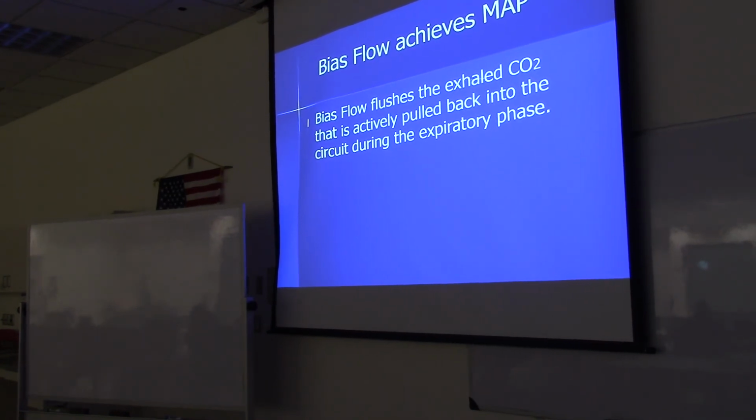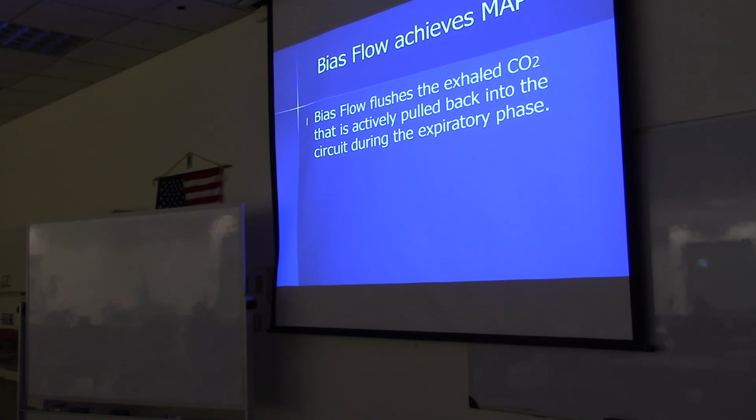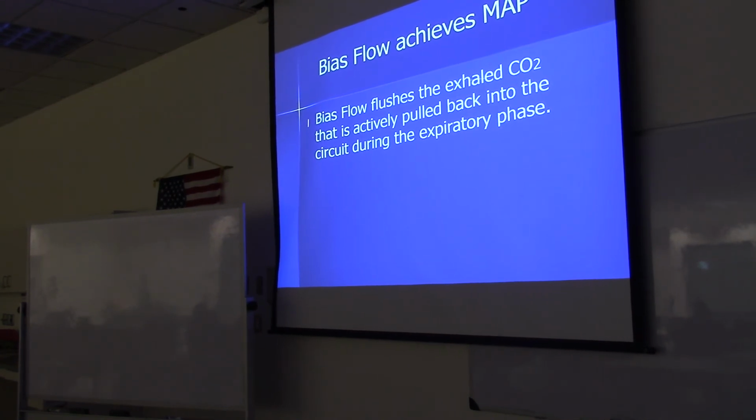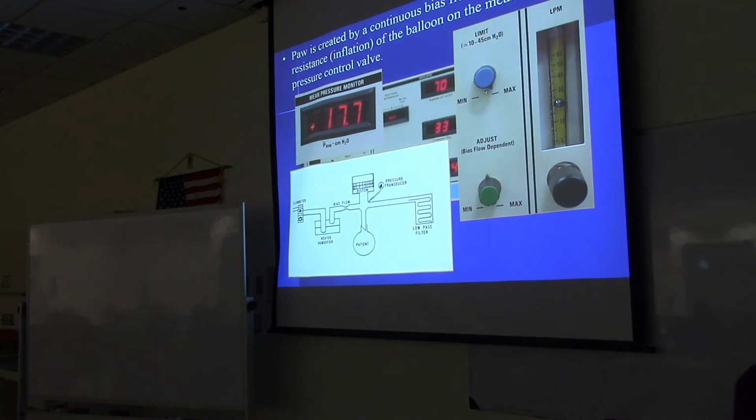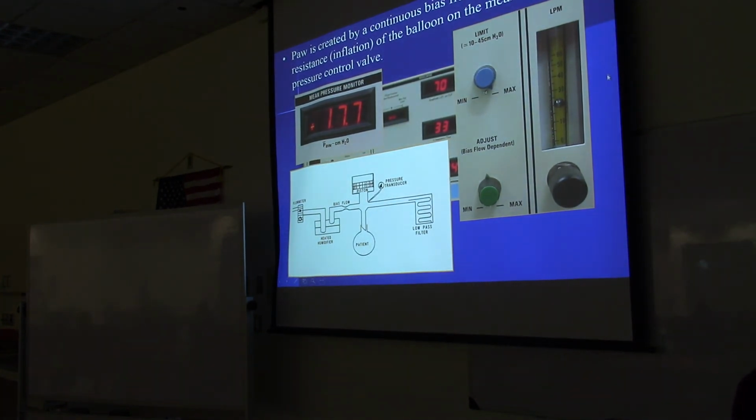Bias flow also flushes out the exhaled CO2 that's in the circuit and in the airways. And this is saying the same thing, but with some pictures. So you'll have a flow meter on the front of the oscillator, and you turn it up in order to get your mean airway pressure.